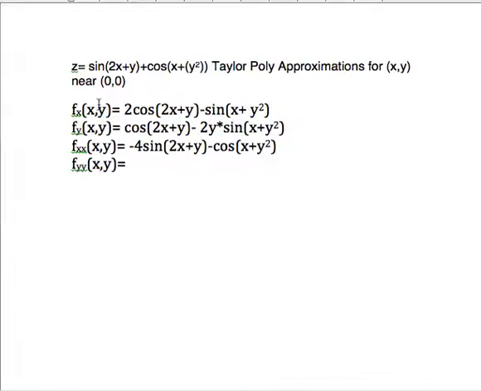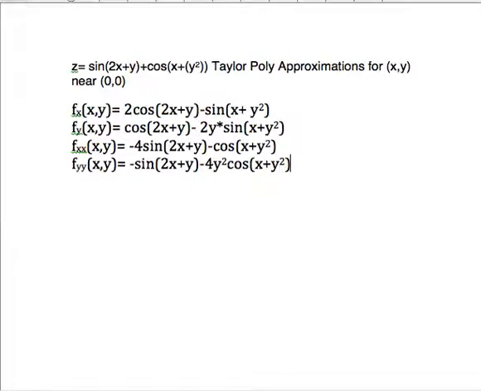So that is going to equal, cos is again negative sine, the derivative of y is 1, so negative sine 2x plus y, and the derivative of y squared is 2y. 2y times 2y is going to be 4y squared, and sine is going to be cos, so negative 4y squared cos x plus y squared.